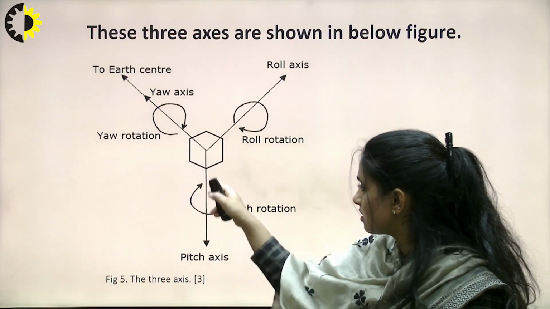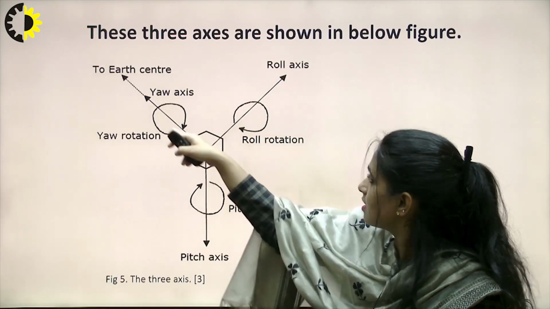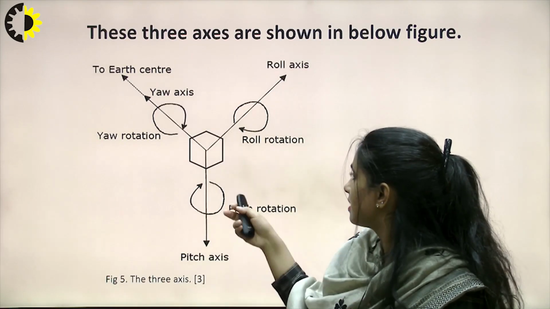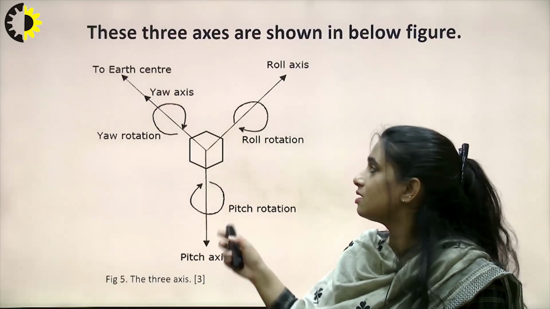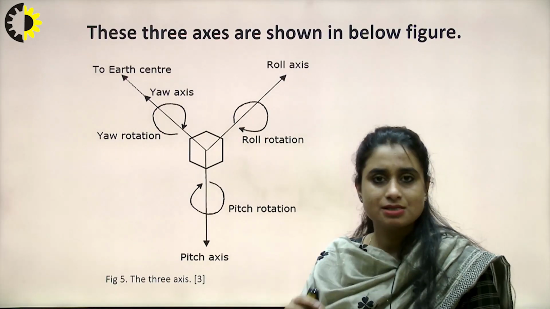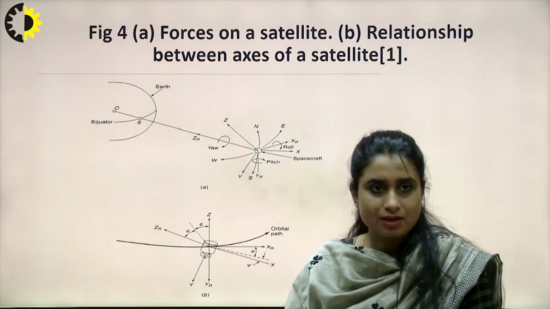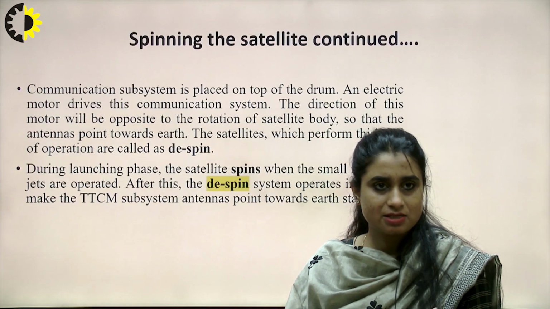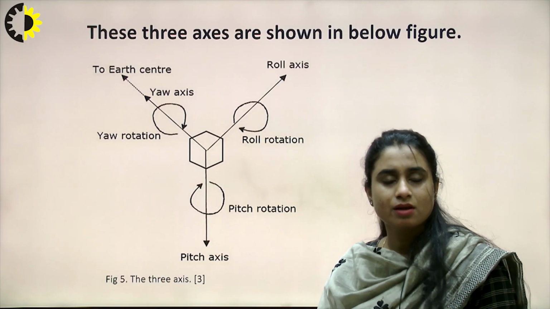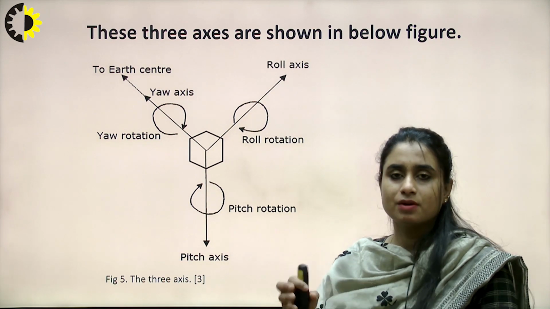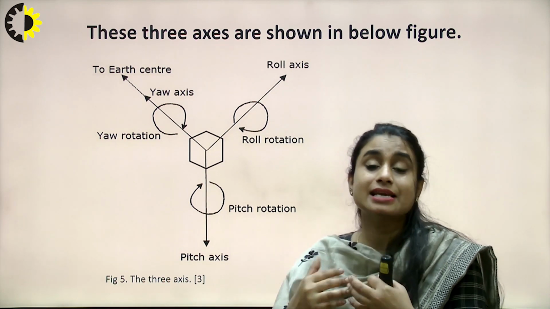This picture makes the 3 axes easier to understand, I guess. So wherever the satellite gets tilted, in any of the 3 axes, it can be maintained.